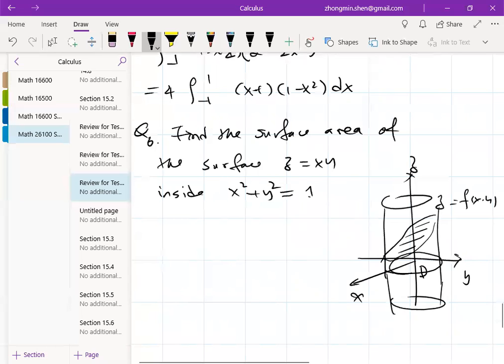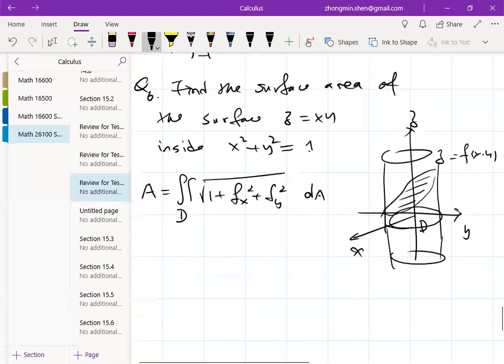Step 1, write down the formula for the surface area. The surface area is going to be the double integral over D of the square root of 1 plus fx squared plus fy squared dA. So clearly you have to find the partial derivative of f with respect to x and then with respect to y.